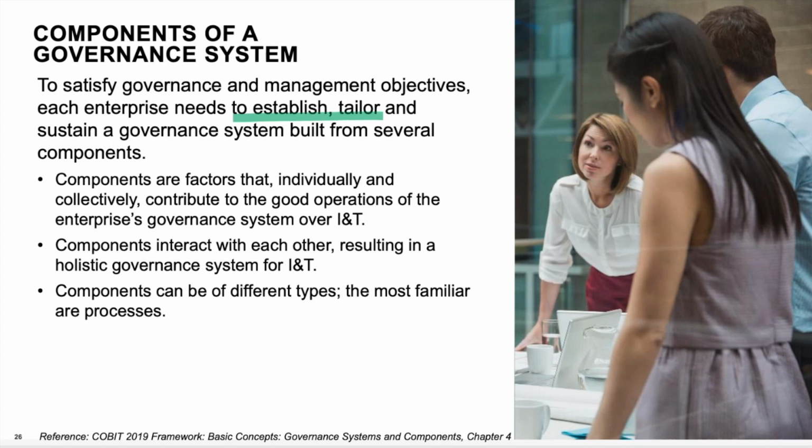The way that we're going to be looking at that are the different components, and the components themselves are different factors that will contribute to good operations of your governance system. Each of those components will interact with each other, as we will see in the next few minutes.